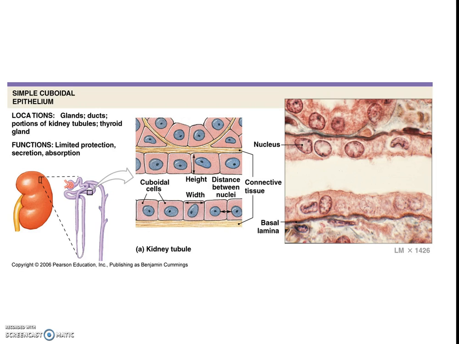It's not flat. It's not real long. It's basically cube. So we're going to find this in several places in the body, and we'll talk more about the actual places in the body as we get to them, but let's learn to recognize, first of all, what's epithelial, what is simple, and then what are the basic shapes, and what is stratified.